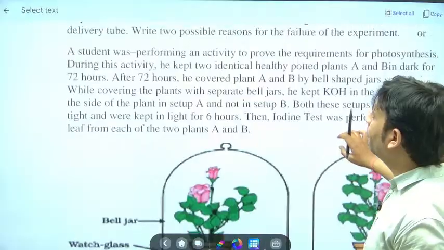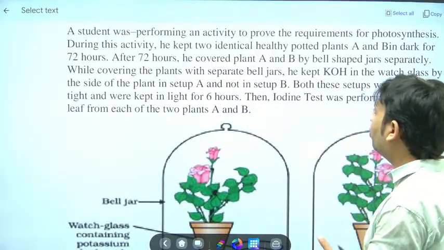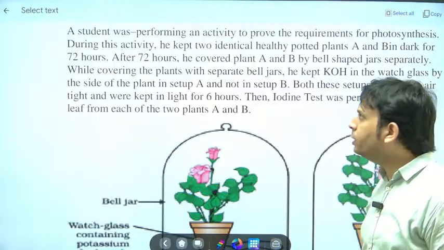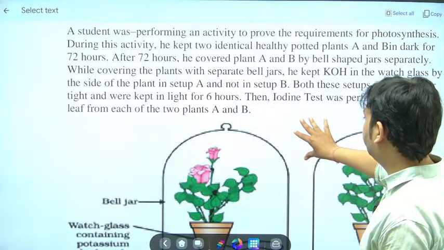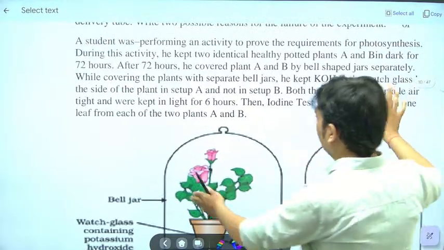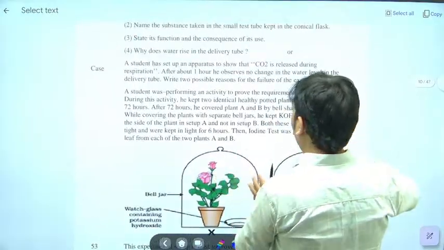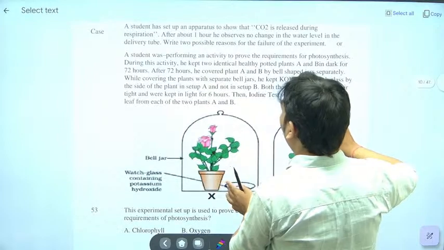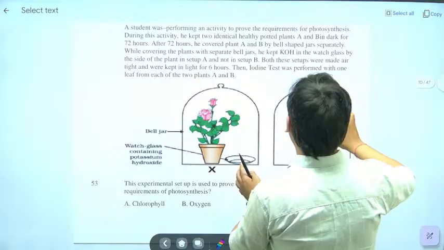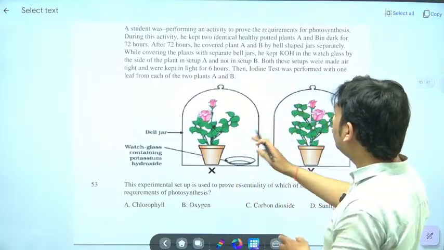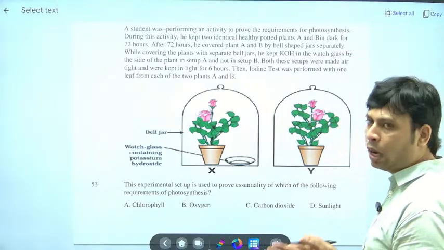So here, a student is performing an activity to prove a requirement of photosynthesis. During this activity, he kept two identical healthy potted plants, A and B, in the dark for 72 hours.